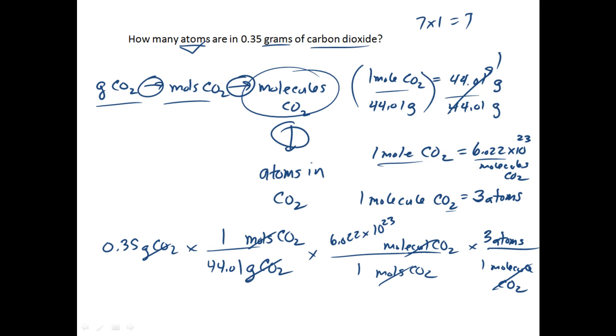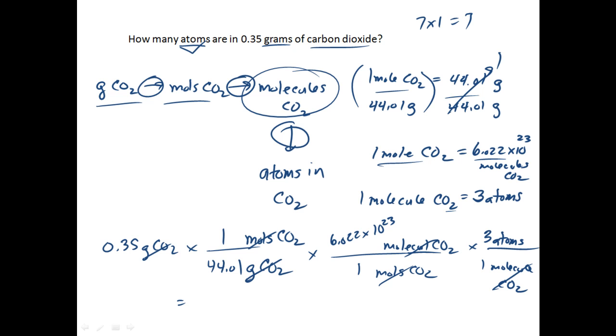So this is all set up. We now have proven each one of these steps, so now it's just a matter of punching it out on the calculator. So on the calculator you would put in 0.35, you would divide that by 44.01, you would multiply by, again, be careful on how you put the Avogadro's number in the calculator. It's 6.022.